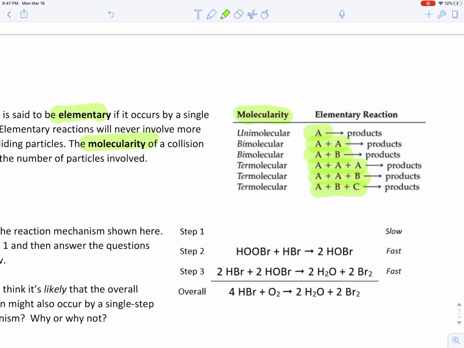So we deal with unimolecular, bimolecular, and termolecular processes almost exclusively, simply because the probability of four or more reacting particles in one step in an elementary process is just too low to be normally considered.